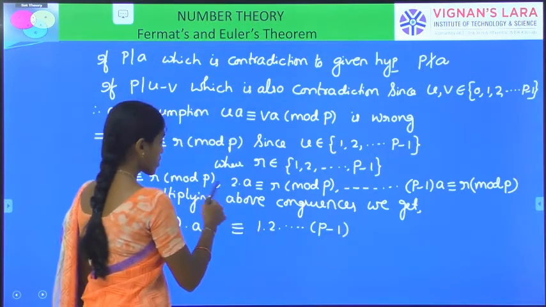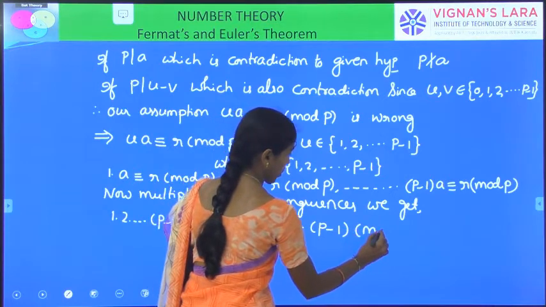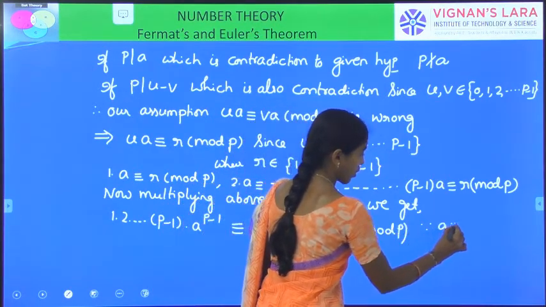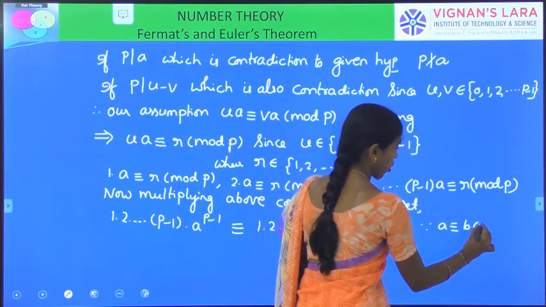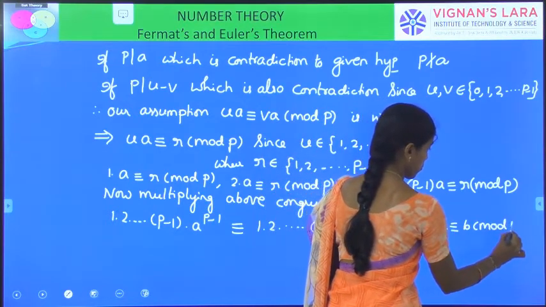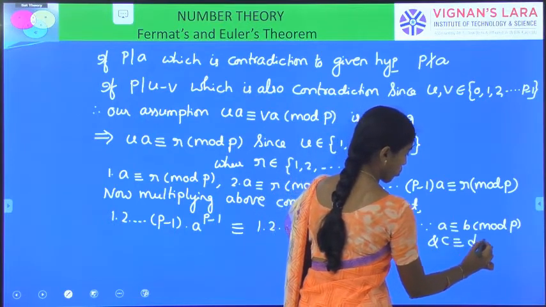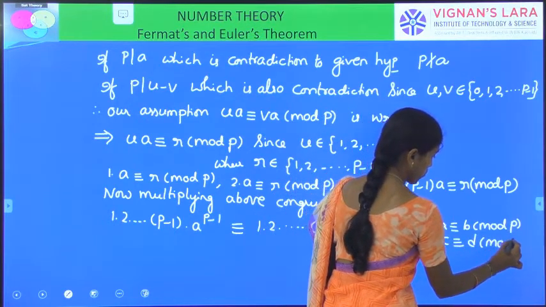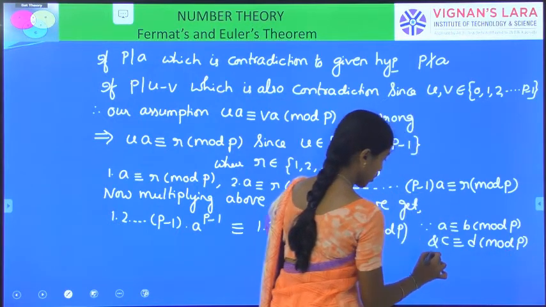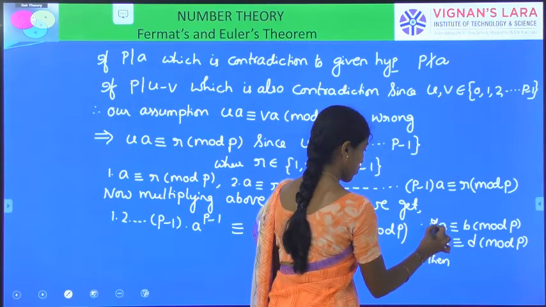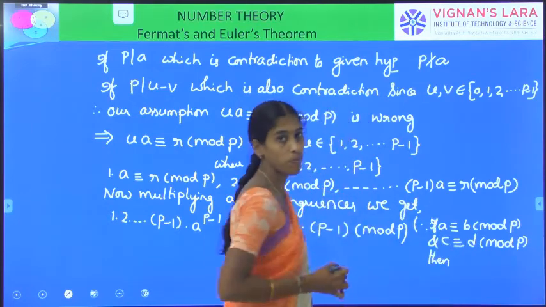Right? So the right side is modulo P. By using the relation, if A is congruent to B mod P and C is congruent to D mod P, then if these two are there, right?